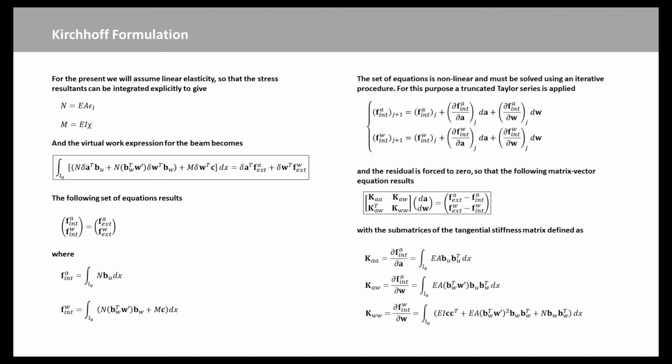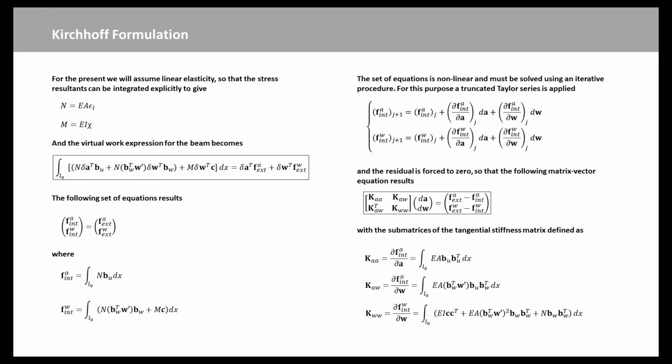Since this identity must hold for arbitrary delta A and delta W, the following set of equations results, with the internal force vectors. This expression is nonlinear and must be solved using an iterative procedure, such as the Newton-Raphson method.